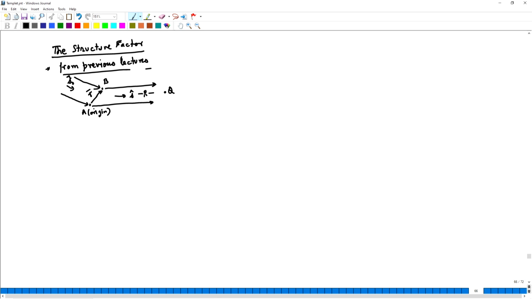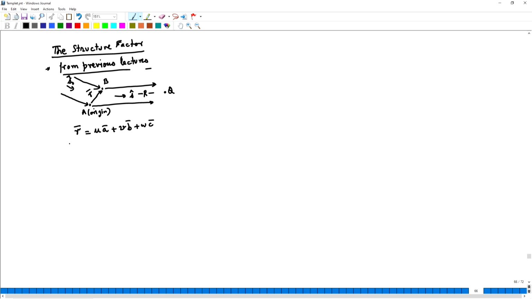is R. So, this vector R we saw was nothing but the lattice vector U A bar plus V B bar plus W C bar, where U, V, W are integers.